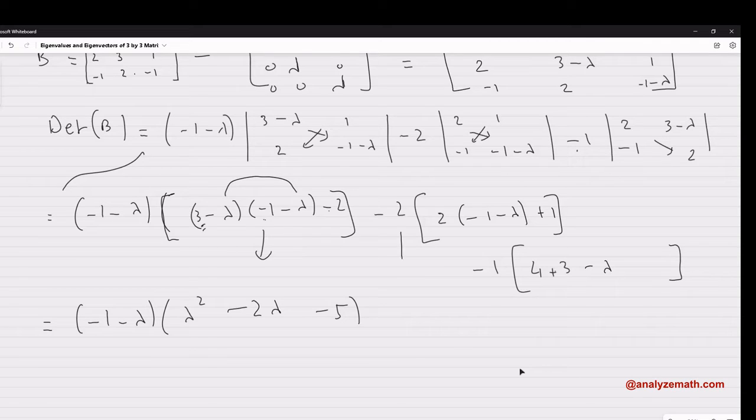Now let's go to this one here. So I have negative 2. Now inside I have the 2 times negative lambda, negative 2 lambda. 2 times negative 1, negative 2 plus 1, that gives me negative 1. And then the last one, 7 minus lambda.